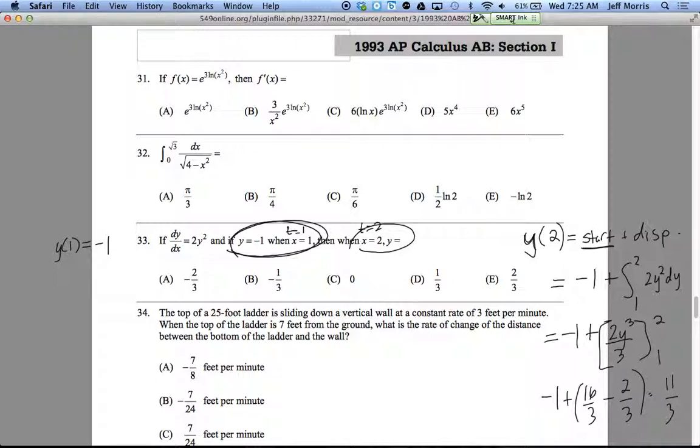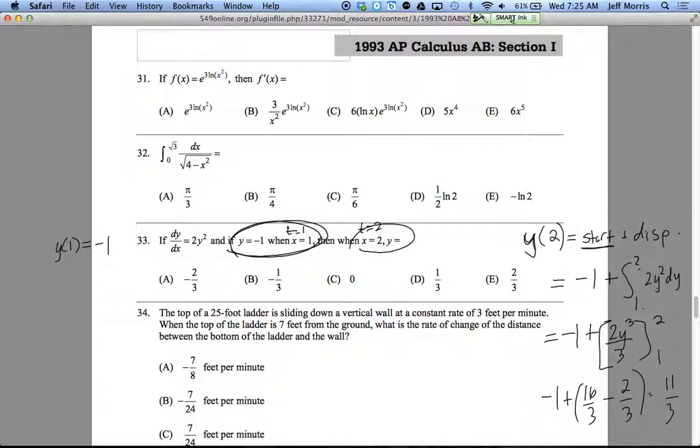Why don't I see 11 thirds among the answers? What did I do wrong, guys? I did something wrong. Starts at -1, 1 to 2, 2y squared. Add 1 to the exponent. Did our antiderivative right.